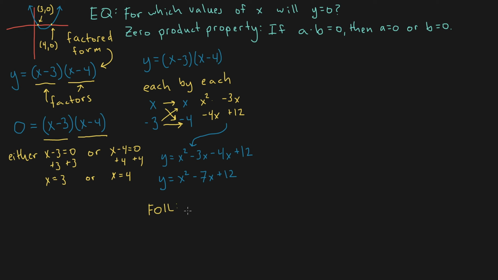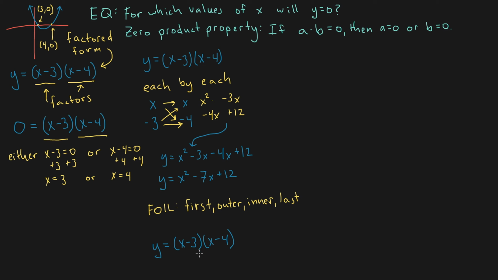So with FOIL, we multiply the first terms, and then we multiply the outer terms, and then we multiply the inner terms, and then we multiply the last terms. So if I rewrote the equation in factored form here as y is equal to x subtract 3 times x subtract 4, and I multiplied my first terms first, so the first terms in each factor.